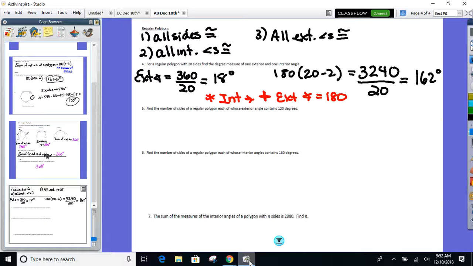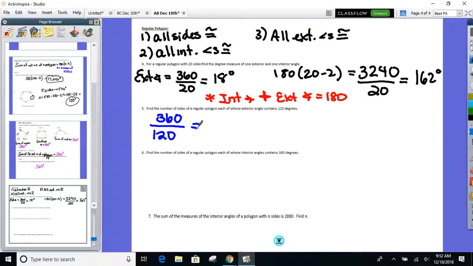What do you know about the exterior angles? What do they all add up to? They all add up to 360. Each one of them's 120, because it's regular. What can I do with the 360 and the 120 to find out how many of them there are? There you go. 360 divided by 120.